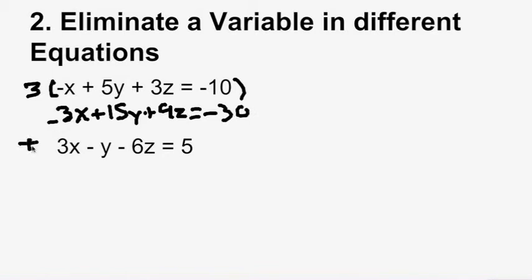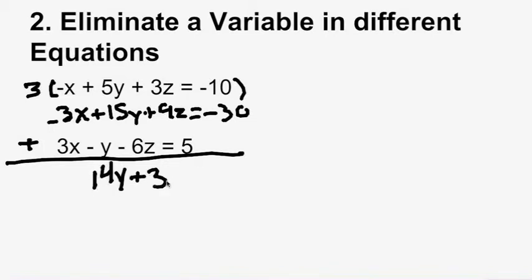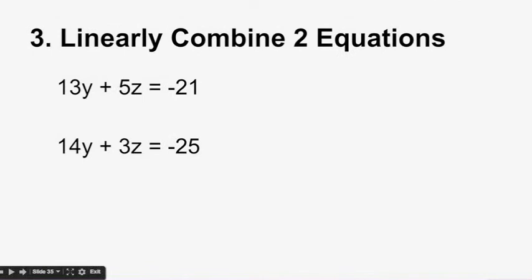And then we'll add these two equations to get 0x plus 14y plus 3z equals negative 25. And so we had to eliminate the same variable. So in each equation we eliminated x. So that now we have two equations that have only two variables.